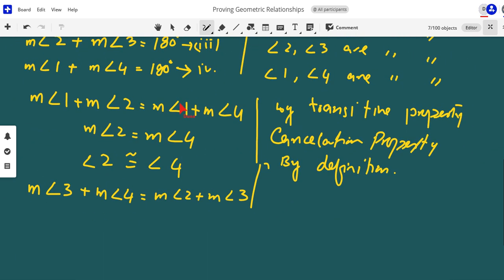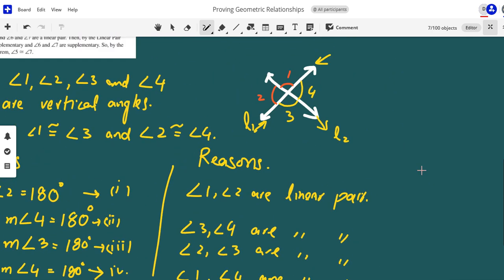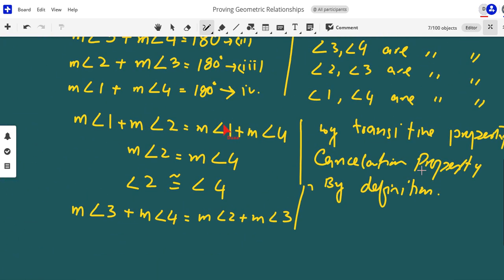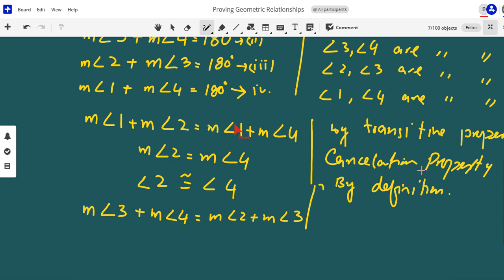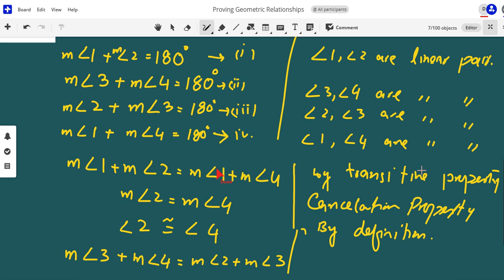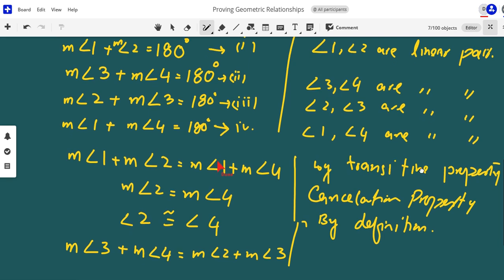What is my next target? Wait a second. Now I have to show 1 is congruent to 3. So I have to take both of them, of which 4 is common. Equation number 4 and equation number 2. Right, exactly.